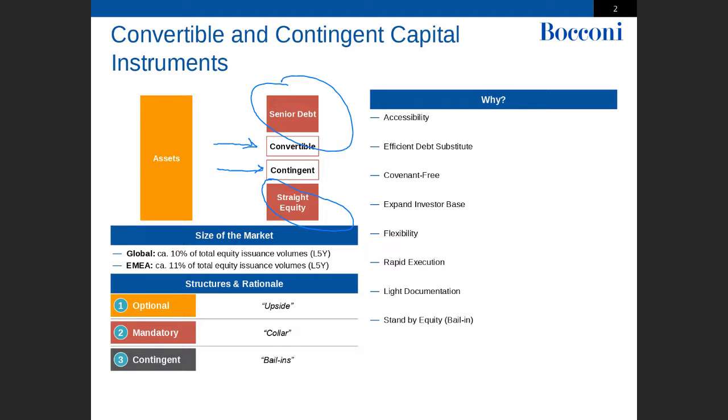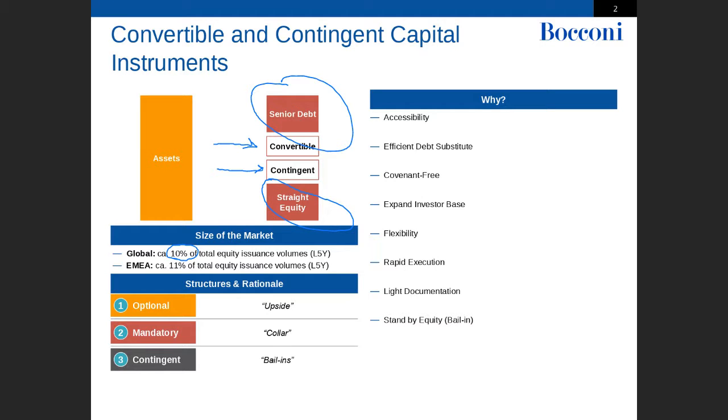And these hybrids de facto are very important in the capital market. Number one, because globally they represent approximately 10% of the total issuances every year. And 10% is like 150 to 200 billion euro per year, okay?